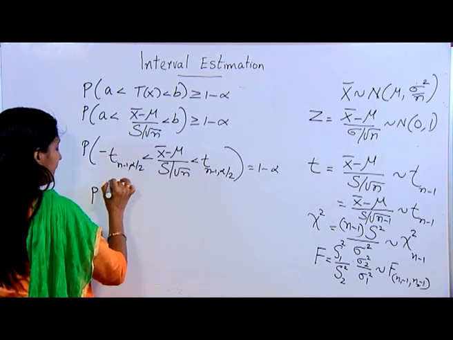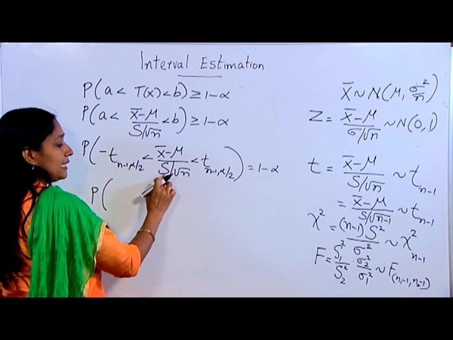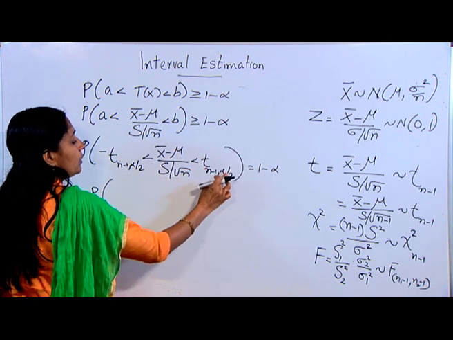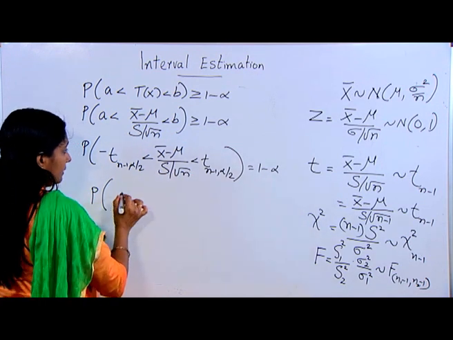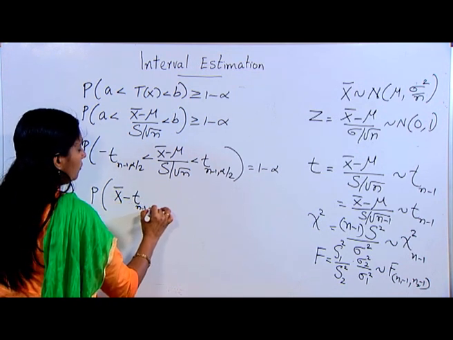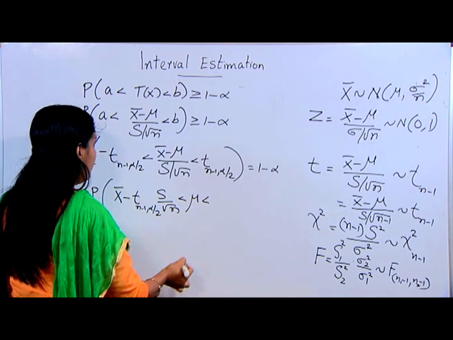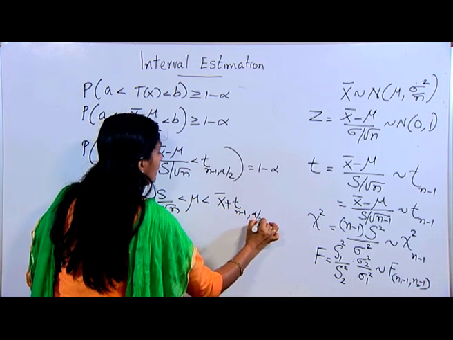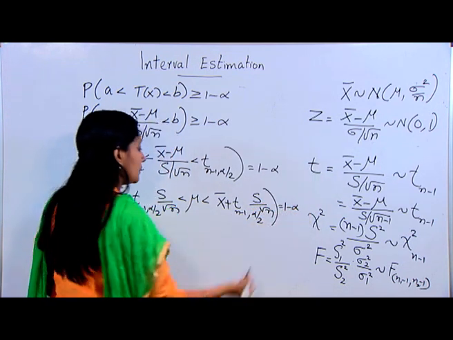Then after simplification we get minus t n minus 1 alpha by 2 into s by root n less than x bar minus mu less than t n minus 1 alpha by 2 into s by root n. Again adjusting the terms, we get x bar minus t n minus 1 alpha by 2 s by root n less than mu less than x bar plus t n minus 1 alpha by 2 s by root n is equal to 1 minus alpha.